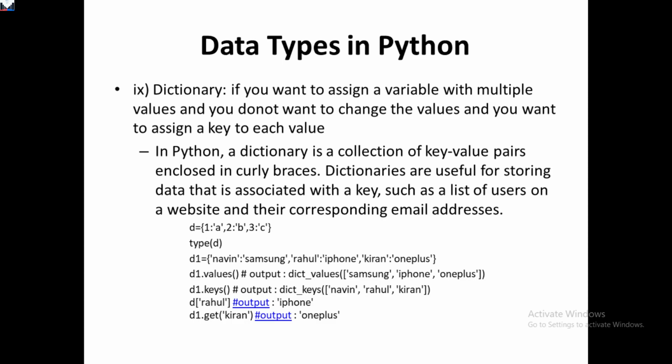If you display the keys, it will display Naveen, Rahul, and Kiran. And d of Rahul: Rahul is having iPhone, so it will display iPhone. And d1 dot get Kiran: Kiran is having OnePlus, so it will display OnePlus.